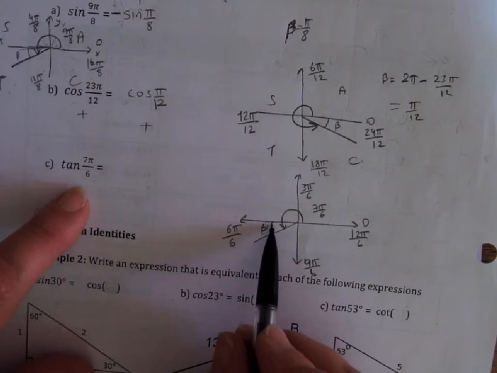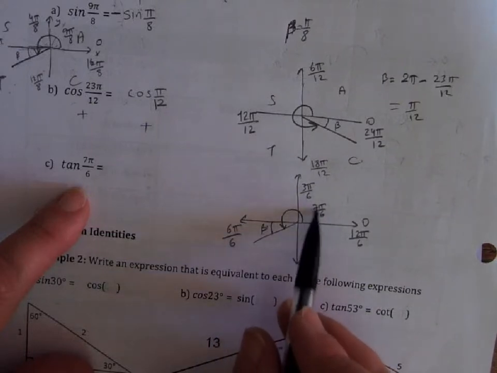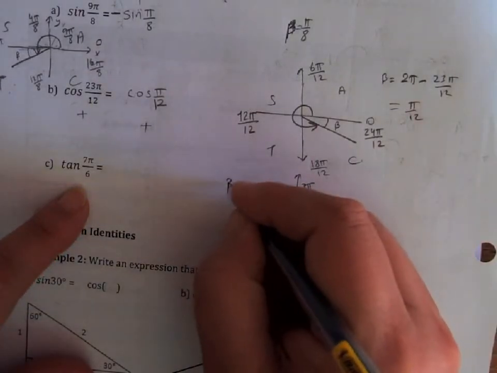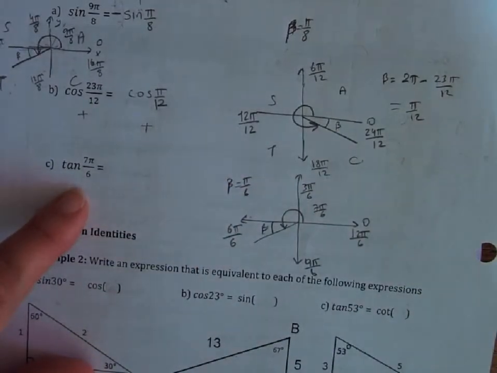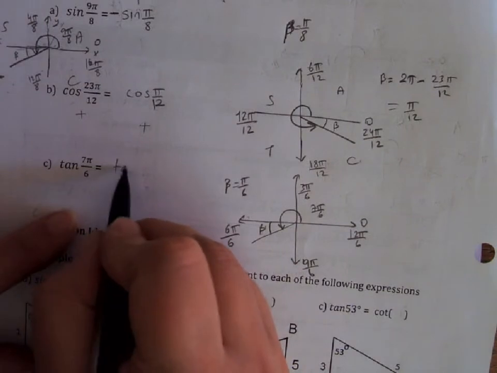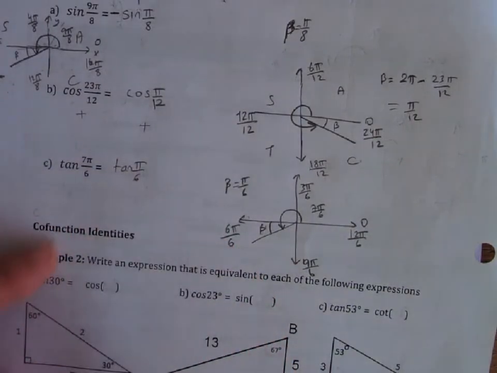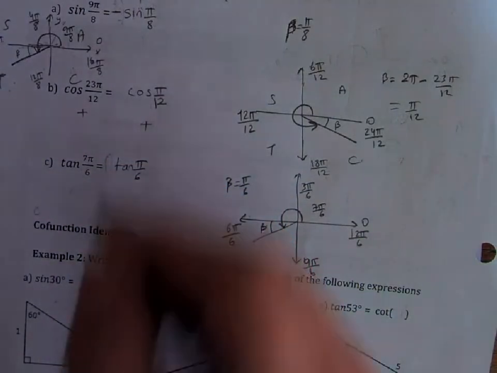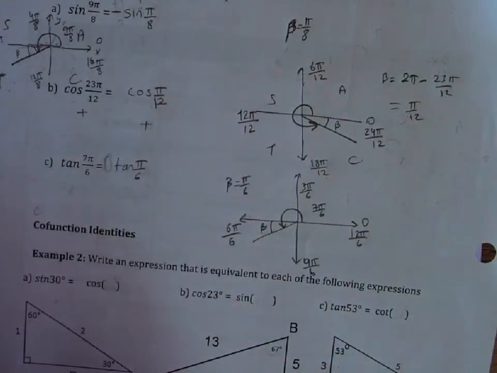So beta is, as you see, 7 pi over 6 minus pi, which is pi over 6. So you are going to write tangent pi over 6 on the right side and decide afterwards if you need to keep it positive or put a negative sign there.